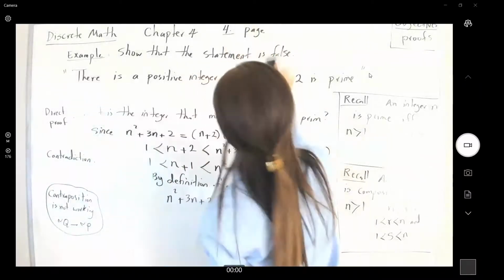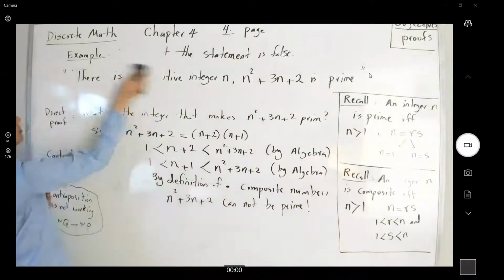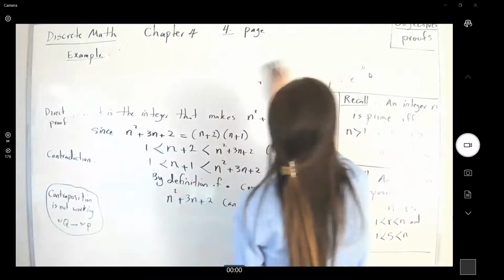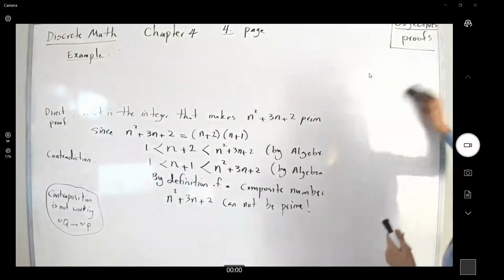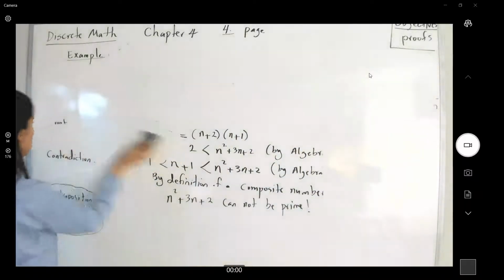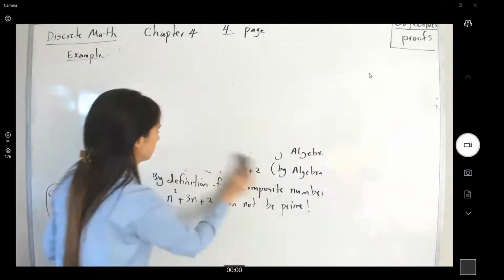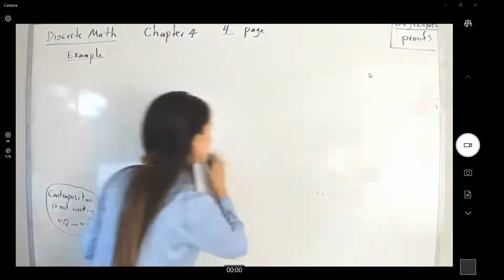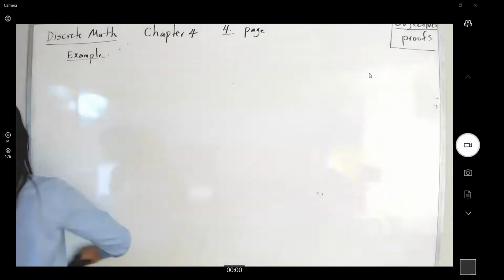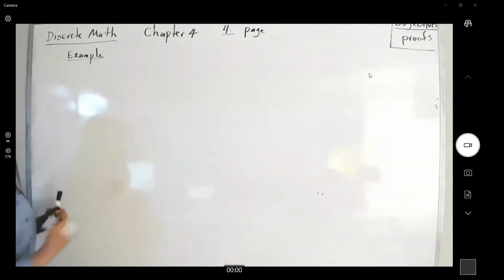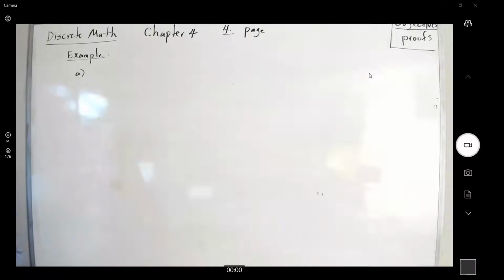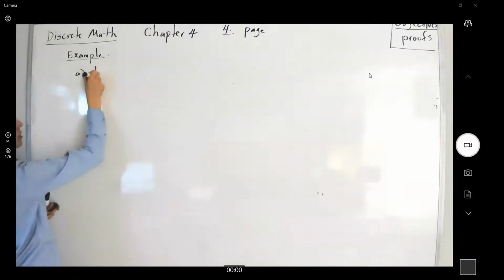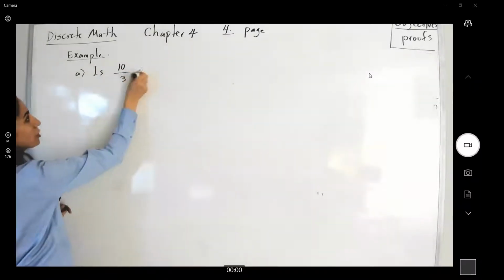Next example. The first example says, A, is 10 divided by 3 a rational number?